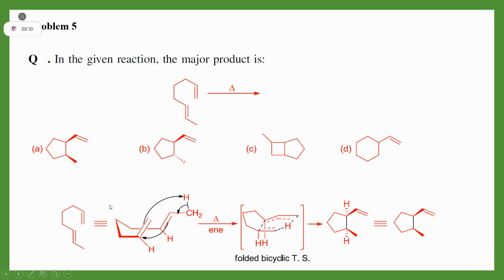Just you can have a look over it. So basically, if you write this bond in this way, they have drawn the envelope form. Why? Because one of the rings forming is 5 membered. So allylic hydrogen are transferring from here, and you will get this folded bicyclic transition state, and you will get this product. Okay.